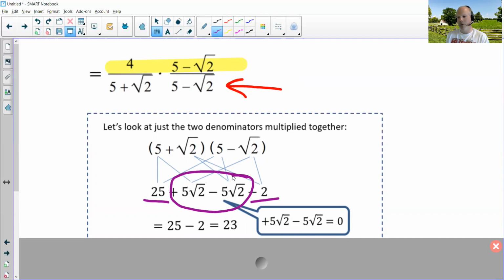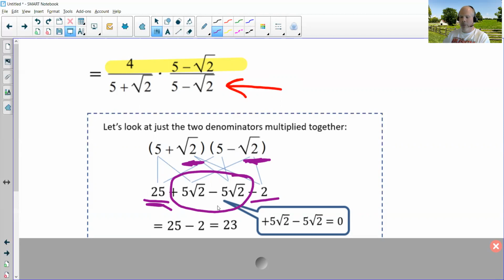All you will be left with is first times first, 5 times 5, and last times last, which you're multiplying radicals, but they'll go away because square root of 2 times square root of 2 is 2. Square root of 2 times negative square root of 2 is negative 2. So you end up with an integer.